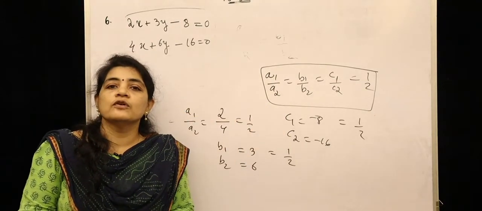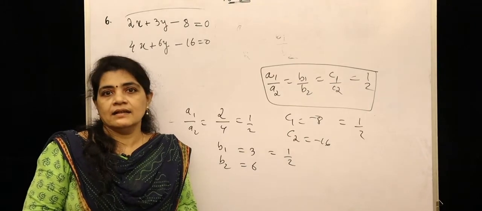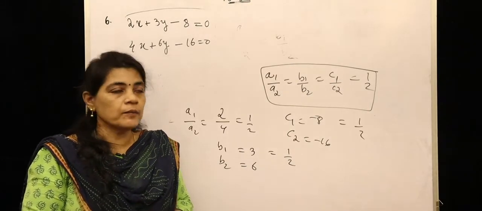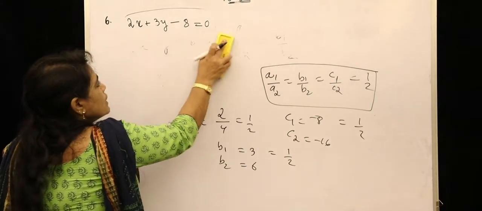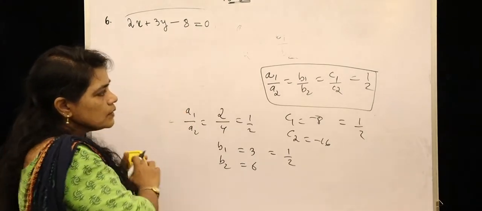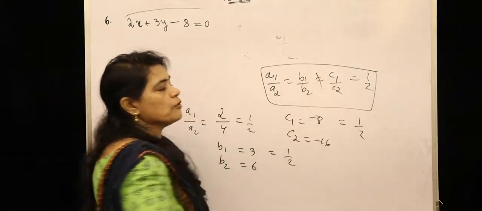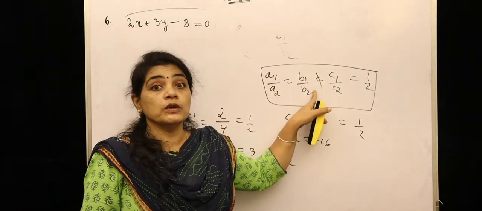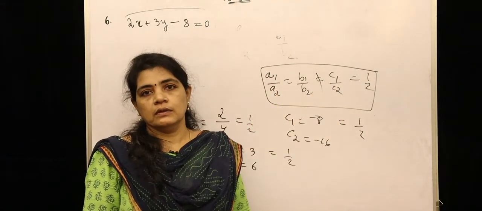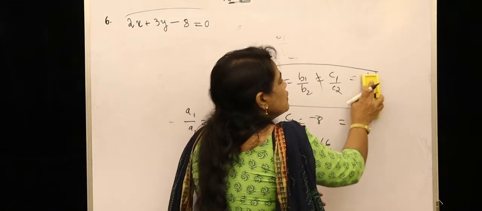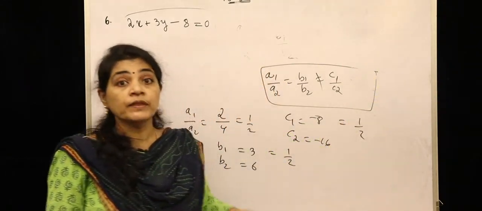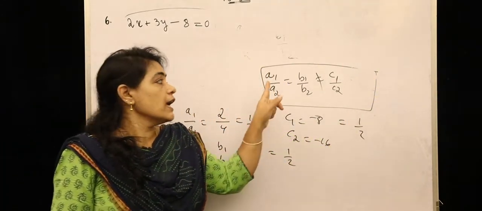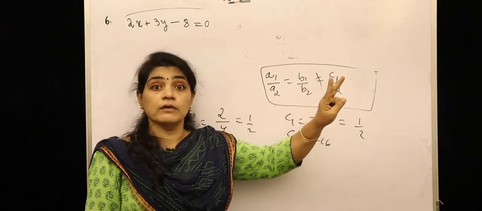And finally, for parallel lines, that is the third type, what is the condition? For parallel lines, A1 by A2 equals B1 by B2, but not equal to C1 by C2. Here the ratio we can fix as 1 by 2. One condition must be satisfied: A1 by A2 equals B1 by B2.